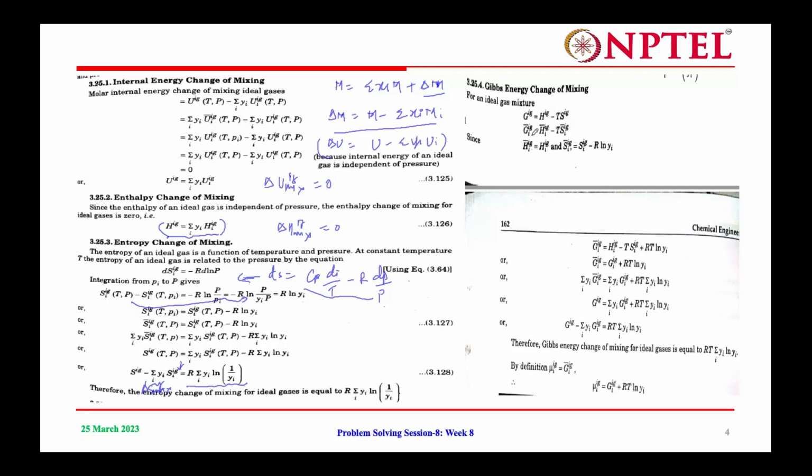Similarly, you know the relation G is equal to H minus TS. So put the values of H^ig and S^ig, you will get this. Delta G mix ig equals RT summation yi ln yi.